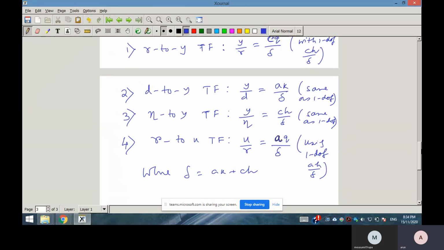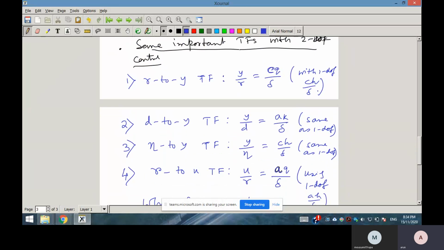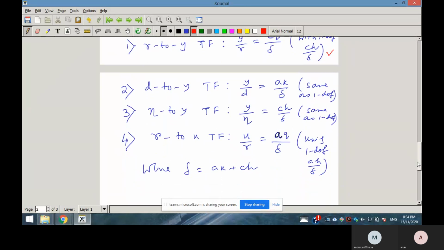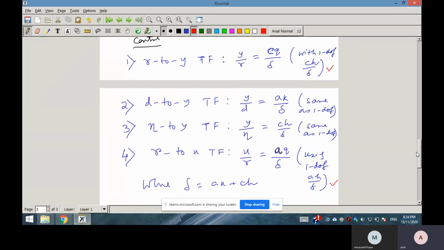Okay. So now you see what is the difference. Differences are observed only here and here. The other two transfer functions are same. So what are the advantages you will get? Only the reference input to output characteristics are now changed.